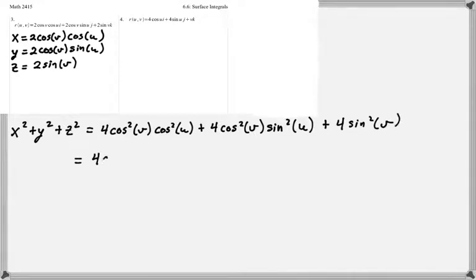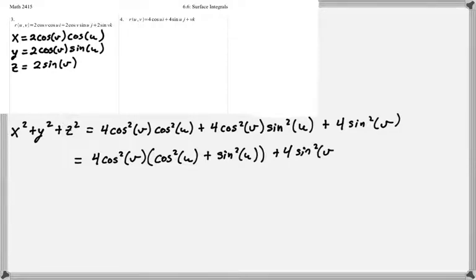Now the first two terms we can factor out a 4 cosine squared of v, and what we're left with is cosine squared u plus sine squared u, and that's your Pythagorean identity, which is going to all absorb to 1. Okay, and then we still have the plus 4 sine squared of v at the end there. Okay, so now we have 4 cosine squared v plus 4 sine squared v.